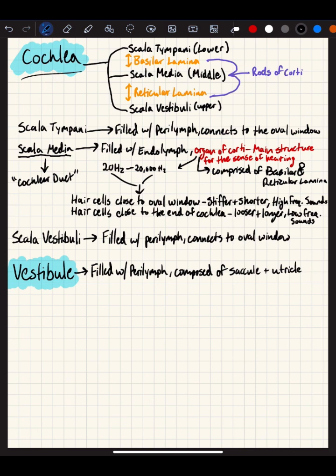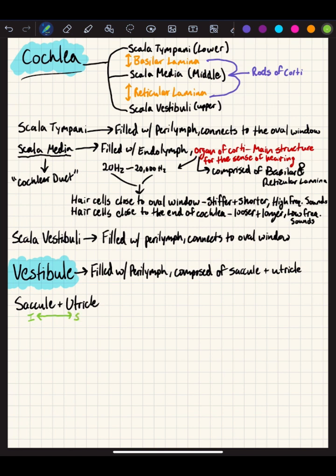Now, these both actually have a pretty significant function respective to each other. They do very similar things, but it's just the directions of what they do that's significant. Anatomically, the saccule is going to be inferior to the utricle.